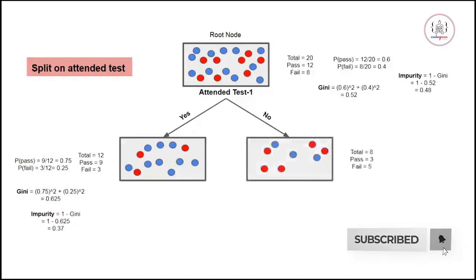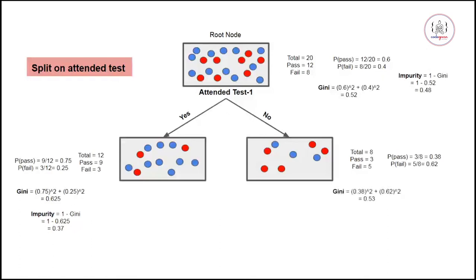Again you calculate this for the right subnode as well. In the right subnode you have a total of 8 data points. Here pass is equal to 3 and fail is 5. Again you calculate the probability of pass and fail. It comes out to be 0.38 and 0.62, and again you calculate the Gini for your right subnode, and it comes out to be 0.53.